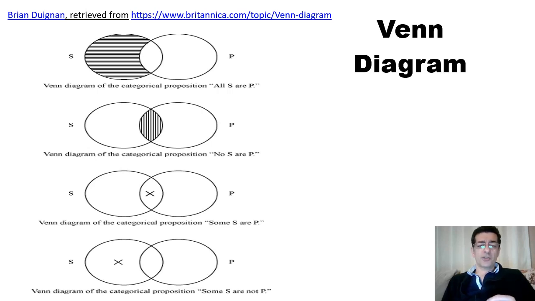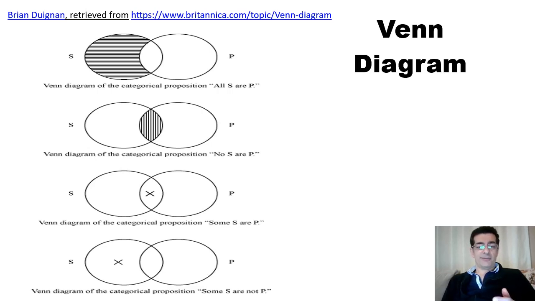Which part of the circle S is not overlapping with P? The part which is shaded, right? This means if I say all S are P, which part should you get rid of, or which part is empty? The part of S which is not intersecting with P.